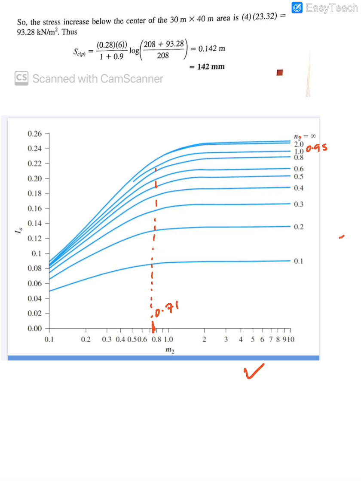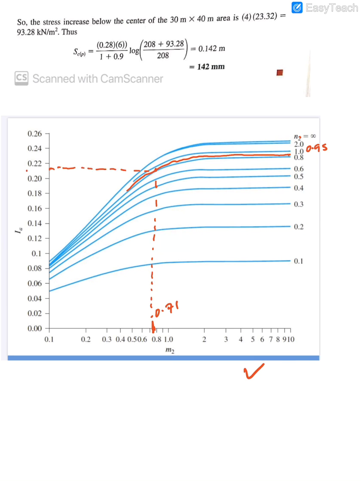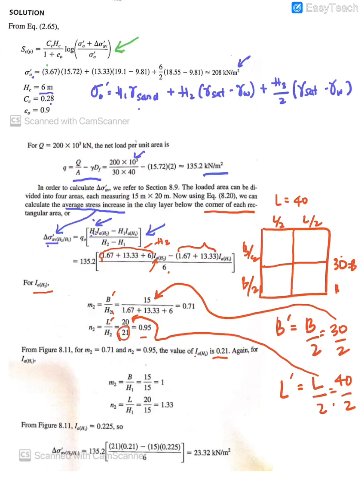For N2, you use this line, more or less this line. So you project, then you get IAH2 equal to 0.21. Here, 0.21. Okay, now we already have IAH2 equal to 0.21.